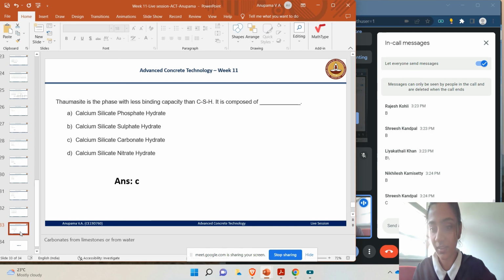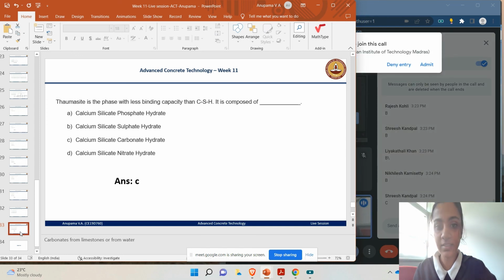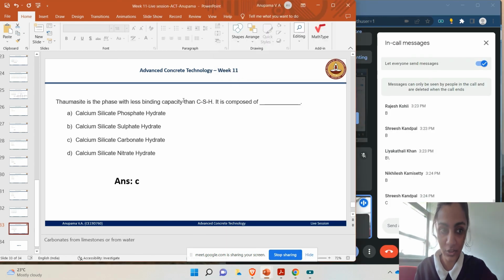So this carbonate can get into CSH maybe because of limestone present, or carbonates can get in from water. So that is a phase which has a lesser binding capacity than that of CSH.